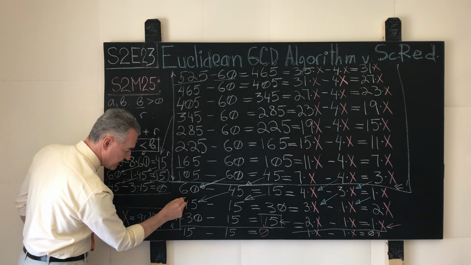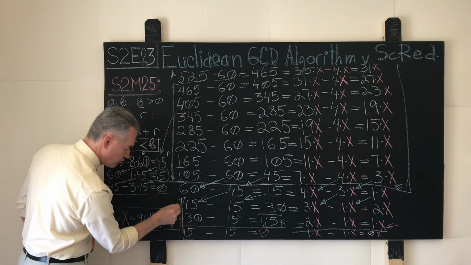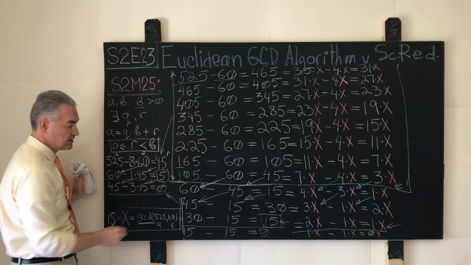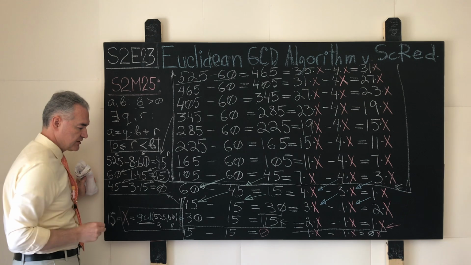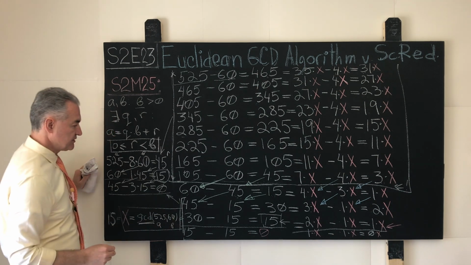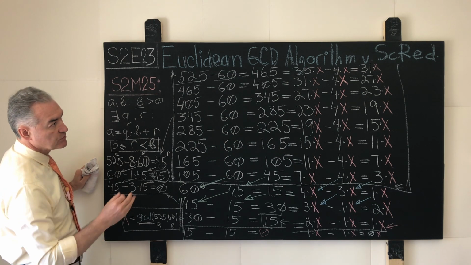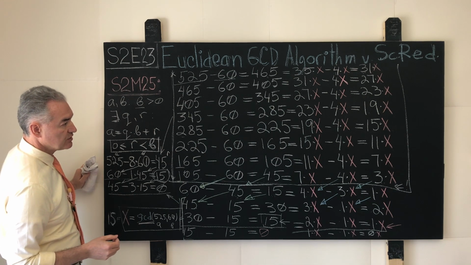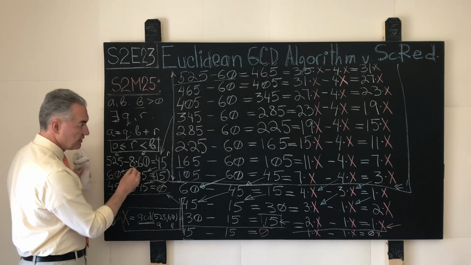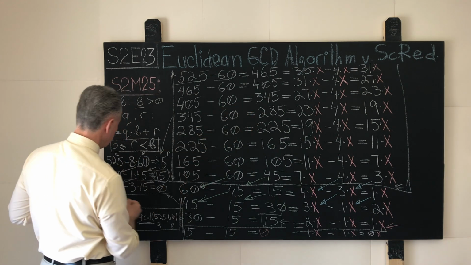So these 3 lines right here are compressed into one line over here. They produce 1. The algorithm terminates, and 15 pops out as the greatest common divisor of the numbers 525 and 60. And I recommend, I don't have enough room over here, but you guys should really write down this experiment, repeat this experiment with x.